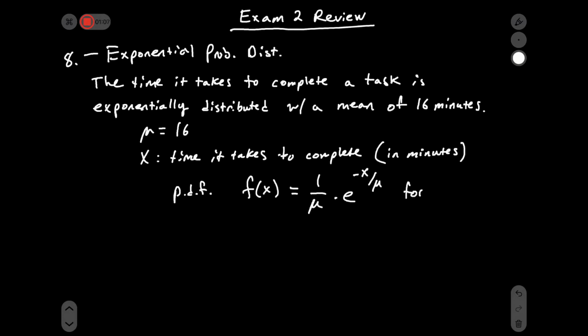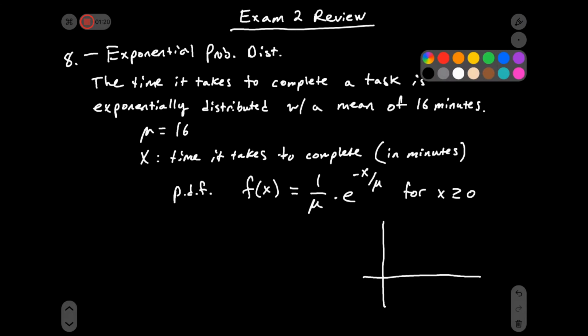And this applies to all x that are greater than or equal to 0. And if you're wondering what this looks like graphically, we've got some probability distribution that has some sort of exponential decay, or the shape of exponential decay.